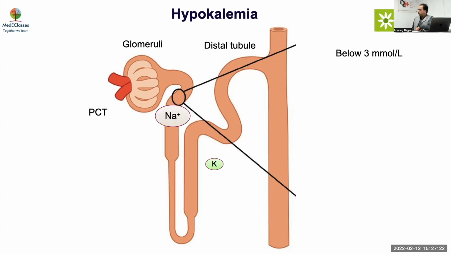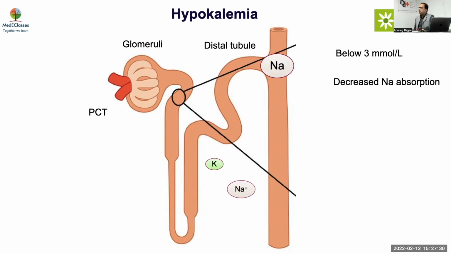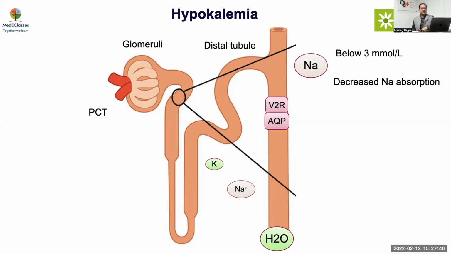Once it goes below 3, you will again have an issue in terms of sodium delivery, and you will have decreased sodium absorption, and that will culminate into more absorption happening at the level of the collecting duct, and that will basically result in loss of water. So it's more of a concentration capacity issue in that regard. There is also an aquaporin issue as well. So hypokalemia basically causes a picture which is like a nephrogenic DI.